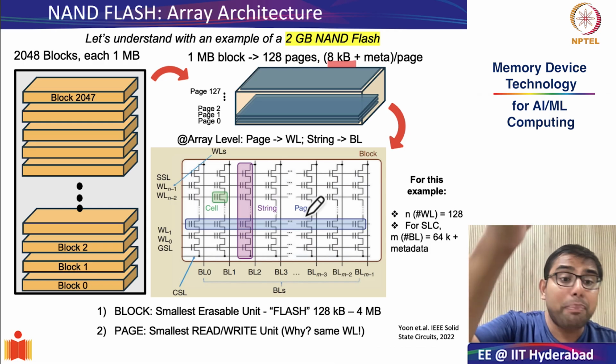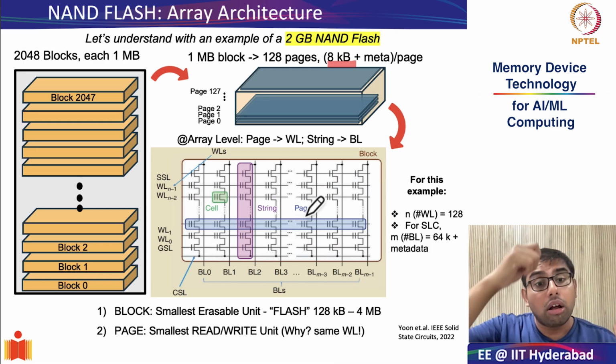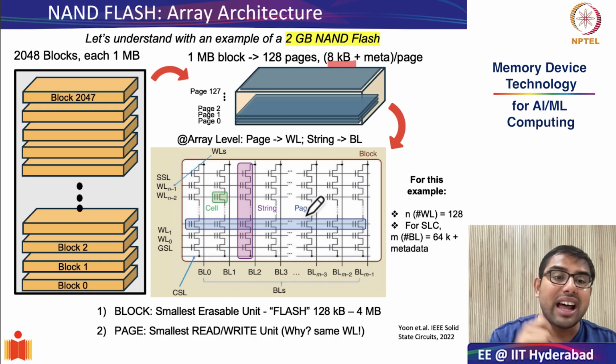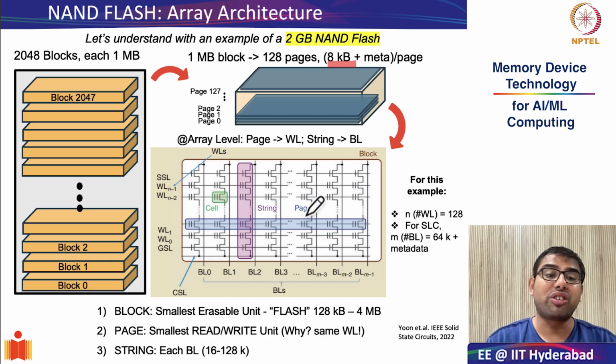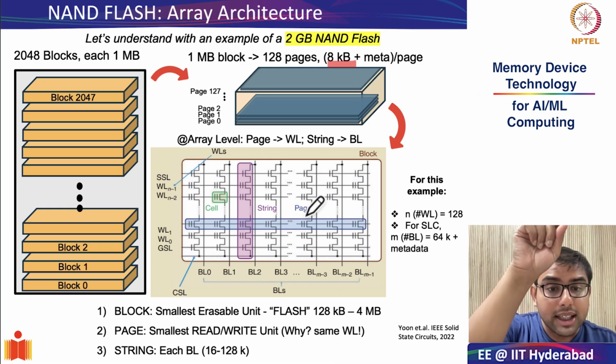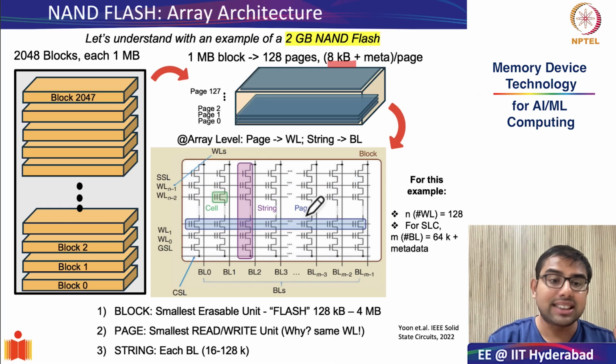Whereas erase happens at the level of a block, program and read happen at the level of a page. Finally, we also saw the string. The string is nothing but a bunch of flash cells connected by the same bit line.